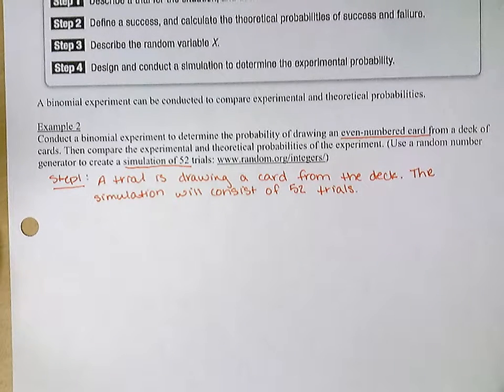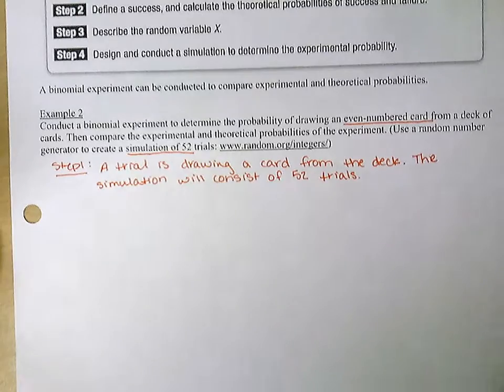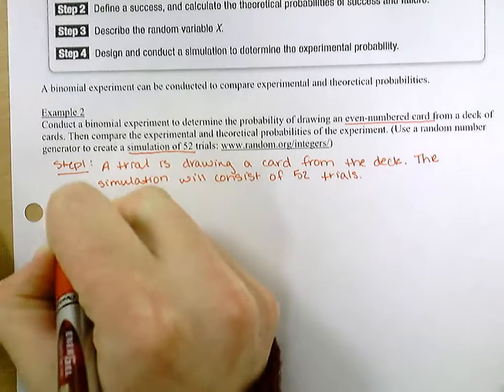Yes, you shouldn't write super big on this. Okay, so we did step 1. We described the trial, it's picking a card from the deck, and then how many trials are going to be conducted. That's 52. So then we need step 2.